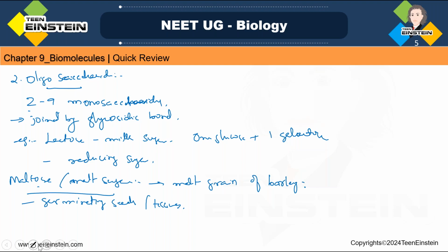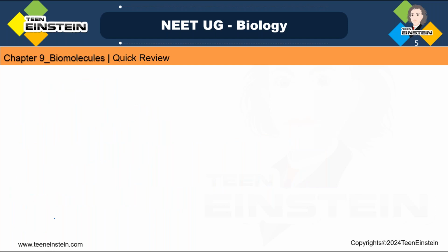And next comes, which is the next one? Next one is sucrose or table sugar. Sucrose is called cane sugar or invert sugar.